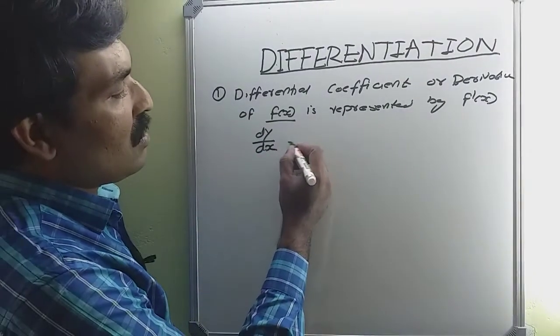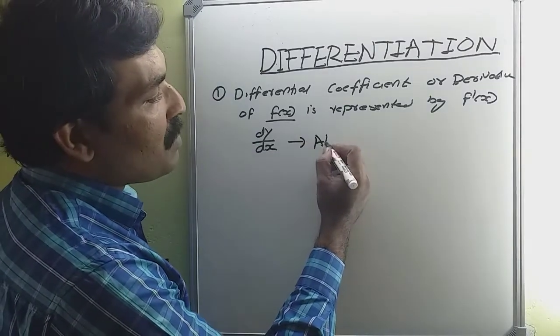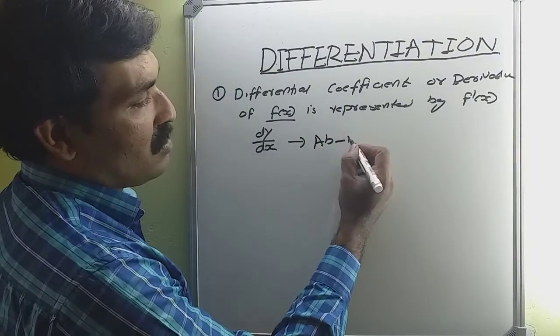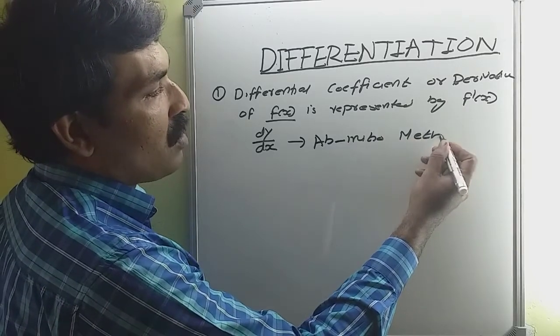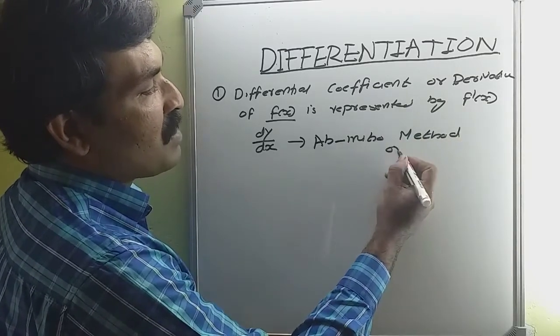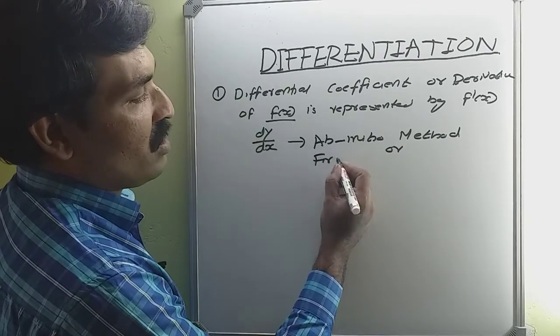This method is called ab initio method or first principle of differentiation.